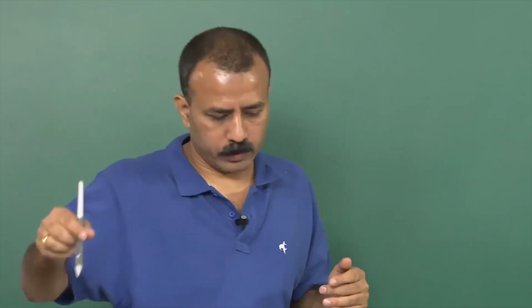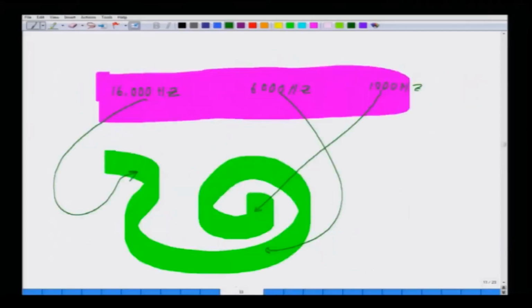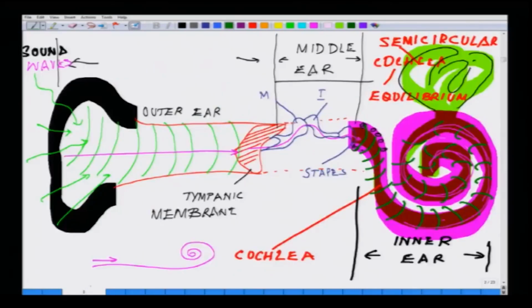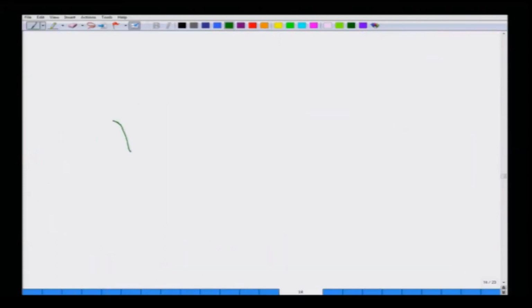Okay. So, now think of a situation, coming back to the overall structure. If somebody's structure has gone wrong, this person is not receiving any further signal, as the sound waves are not reaching the brain.